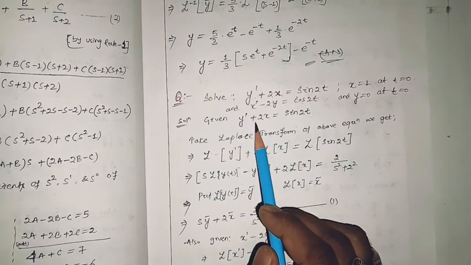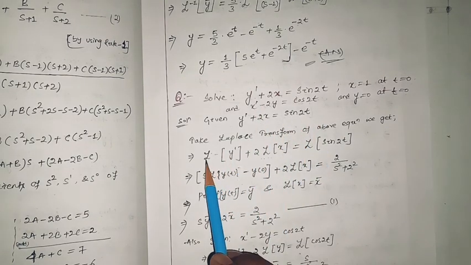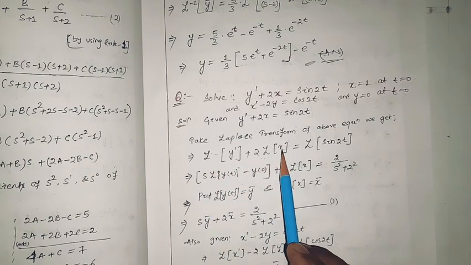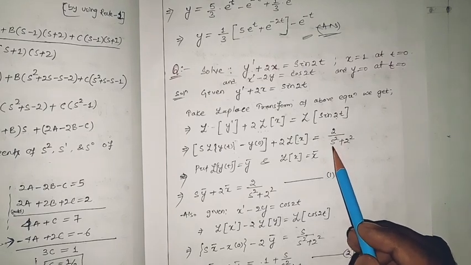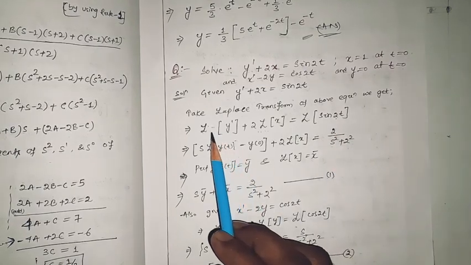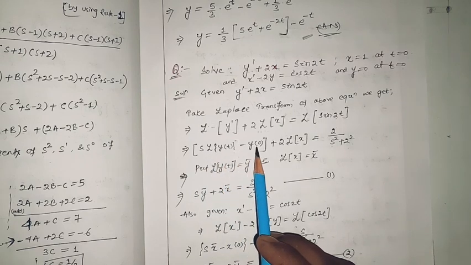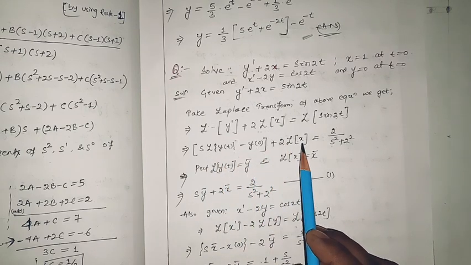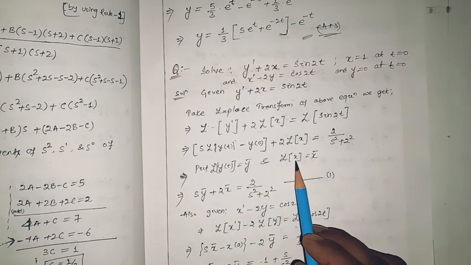So here, given y dash plus 2x equal to sine 2t, take the Laplace transform on both sides: Laplace transform of y dash, 2 times Laplace transform of x, and Laplace transform of sine 2t, which we know is 2 by s square plus 2 square. Then Laplace transform of y dash will be s times Laplace transform of y minus y of 0, plus 2 times Laplace transform of x. We put Laplace transform of y as y bar and Laplace transform of x as x bar.